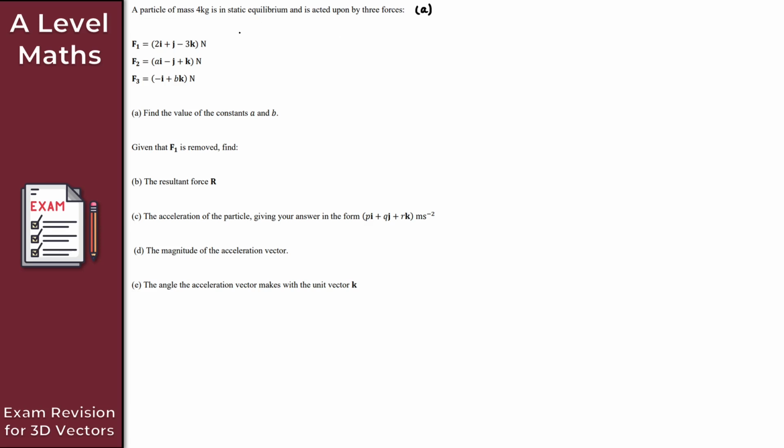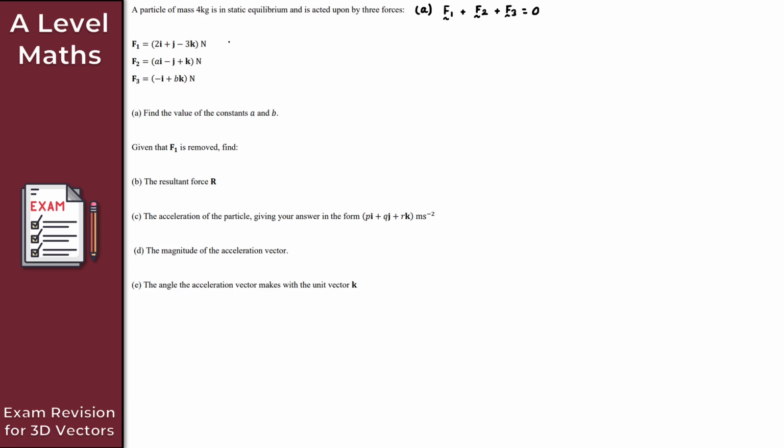So for part A then, we can just note here that if the particle is in static equilibrium, what that means then is the sum of the 3 forces, so that's F1 plus F2 plus F3, this here then is equal to 0.